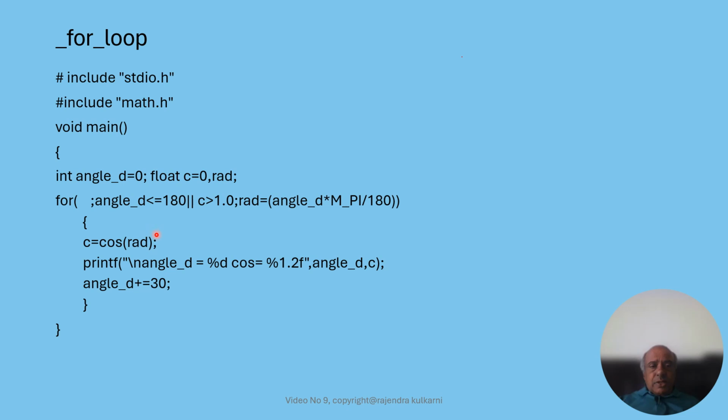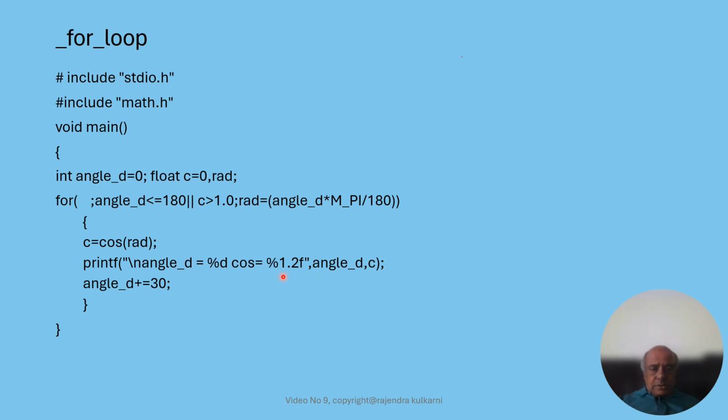So whatever may be the value of this expression, cos into the bracket rad, whatever value this function gives, that gets assigned to c. In the next statement within the loop, we are just displaying the values of the angle in degrees in every iteration and its corresponding cosine value.